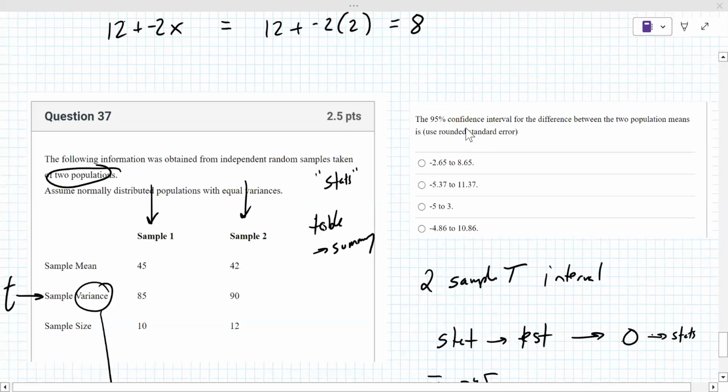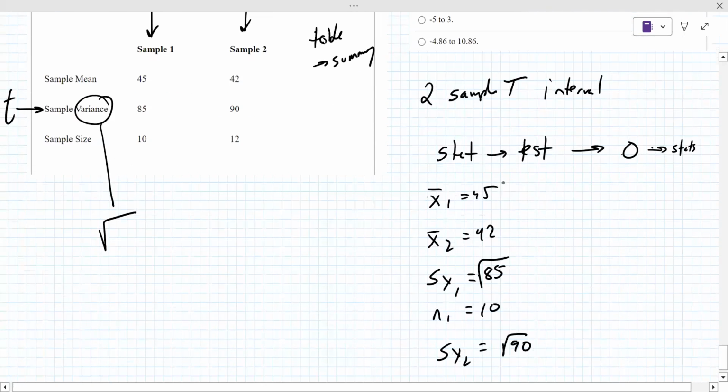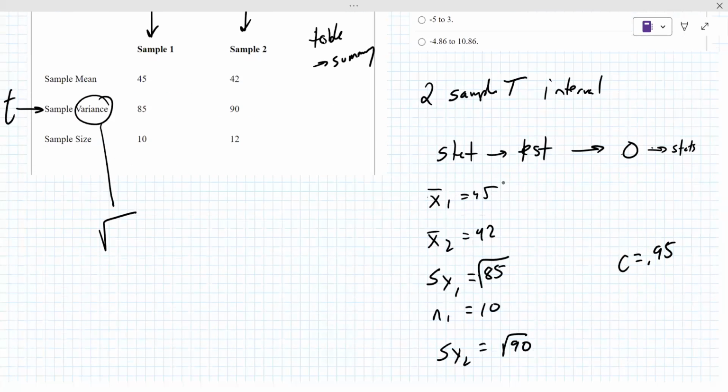And this time, you want to choose C equals 0.95 for the confidence interval. And then N2. N2 is 12.